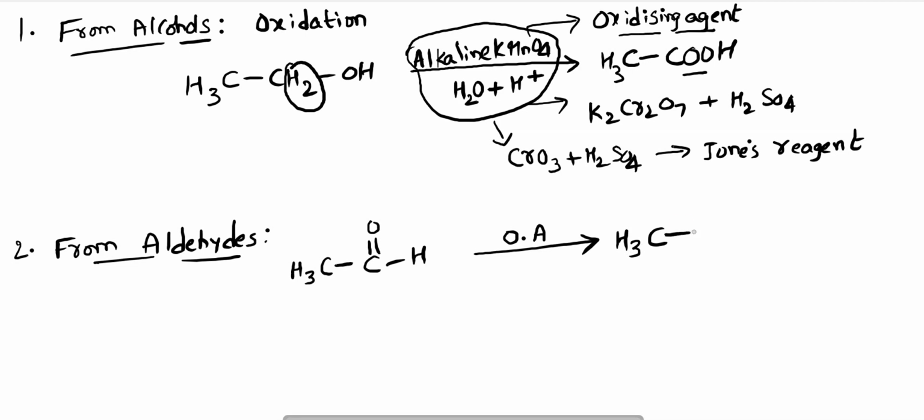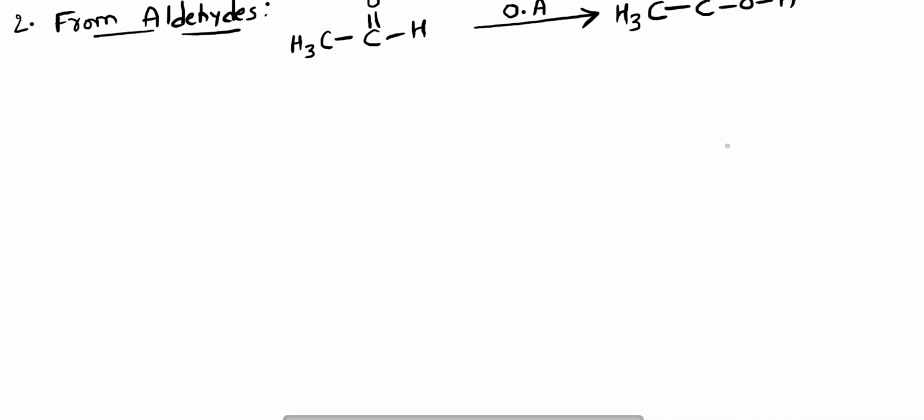Very simple, they just supply oxygen. So from alcohols or from aldehydes, the same reagents I can use to get carboxylic acids. So preparation is the same, only the reactant changes.